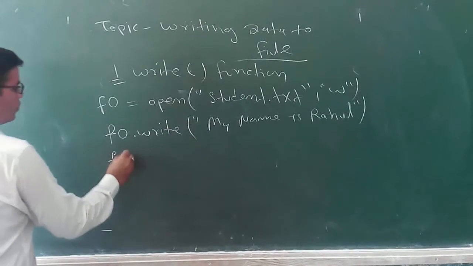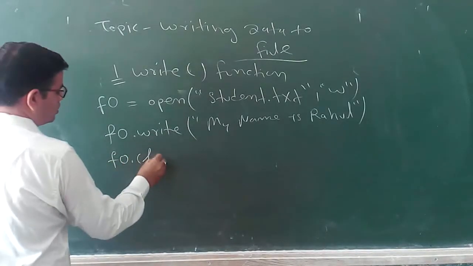Now fo dot close. By using this operation we can close your opened file. There is no output statement written; we have only provided input to this newly created file.